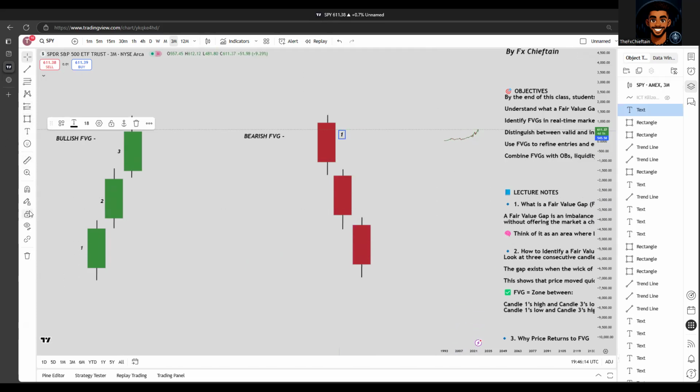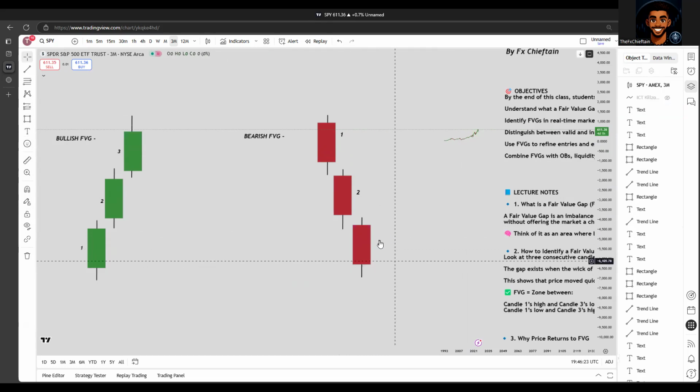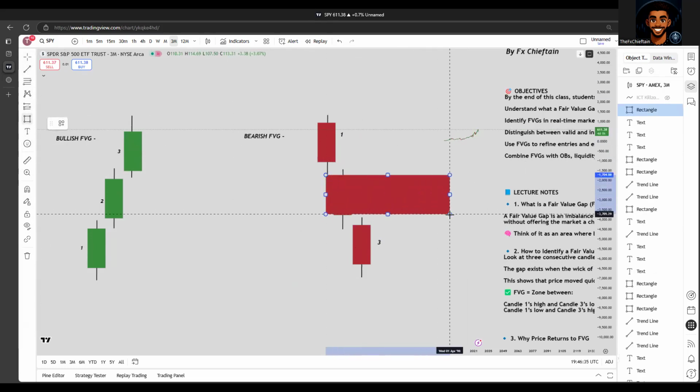One, then go two, and three. So the low of this guy and the high of this guy should not meet because this is your fair value, the distance between both of them. So I'm just going to use this guy and put this here as a fair value.